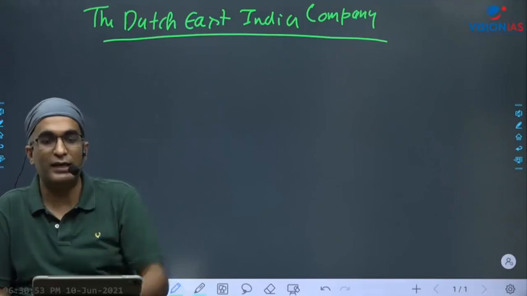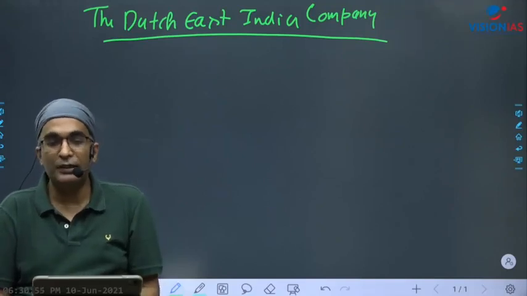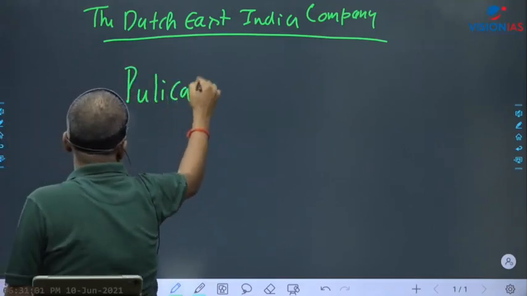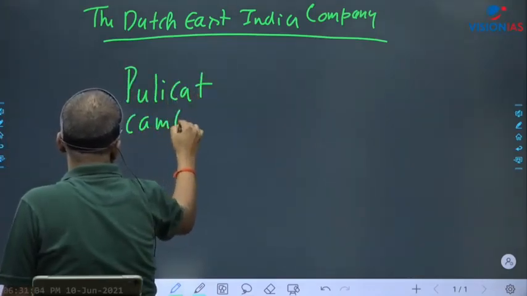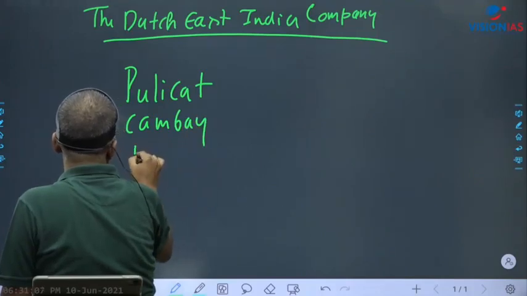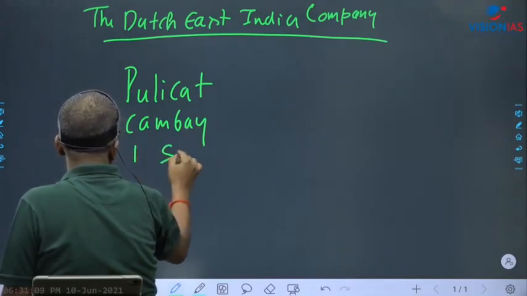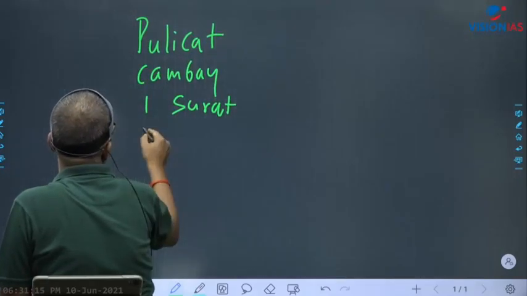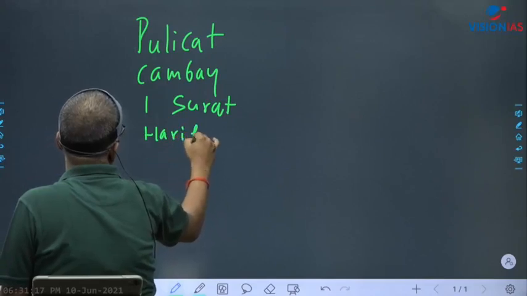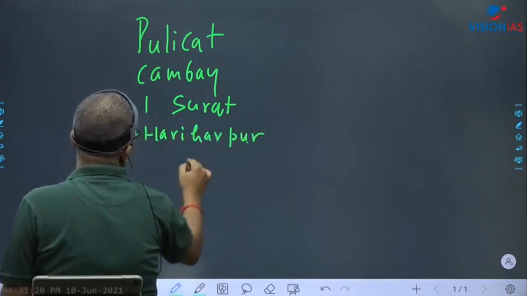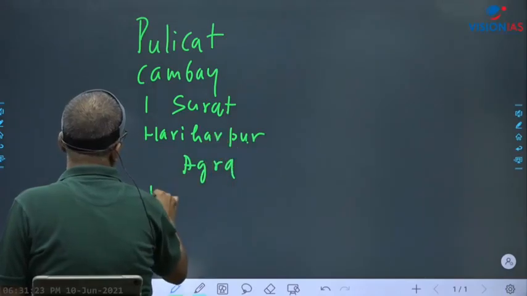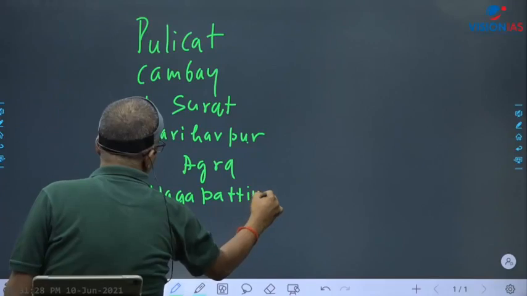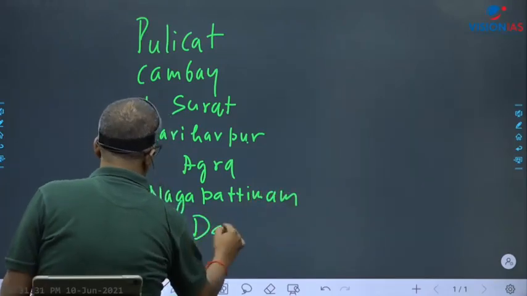Then, further you write that they were interested in spice trade. They opened factories at Pulicat, Cambay, Surat, Hariharpur, Agra, Nagapattinam, Dhaka.